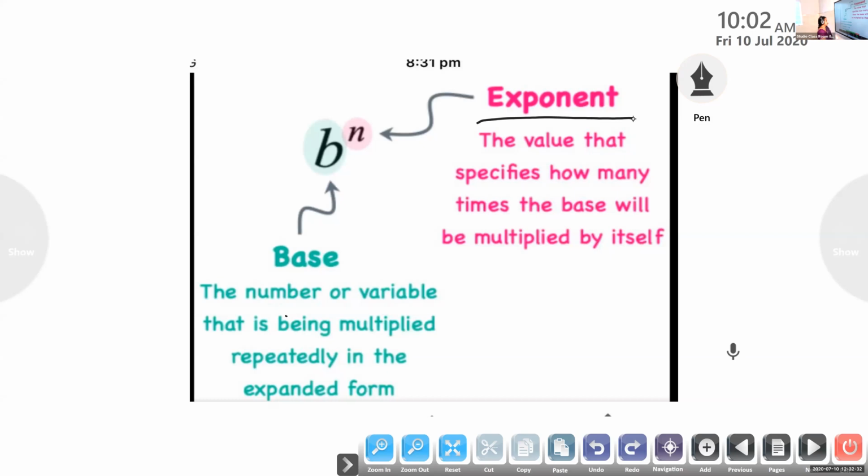Okay, now base. Base is the number or variable. It can be 2 raised to 5 or x raised to 7. Then base is x.